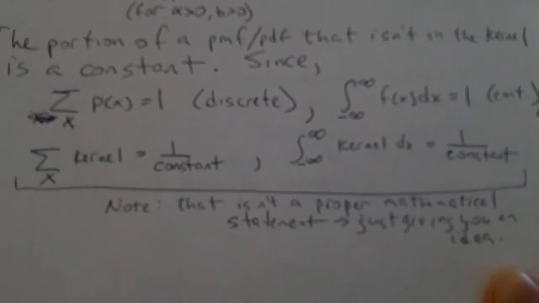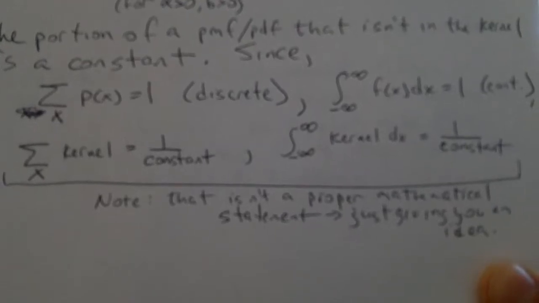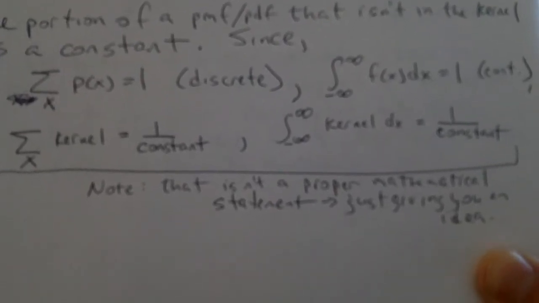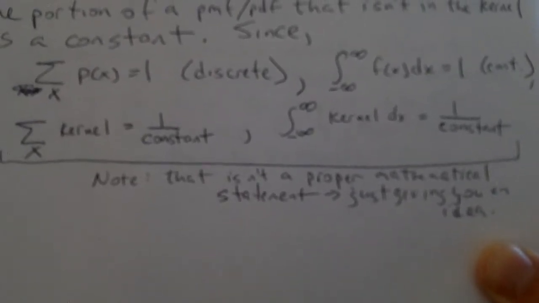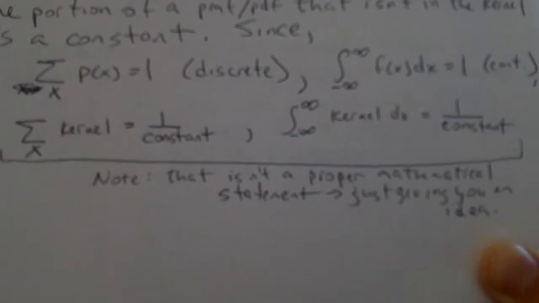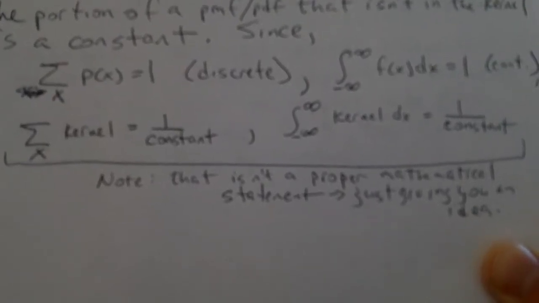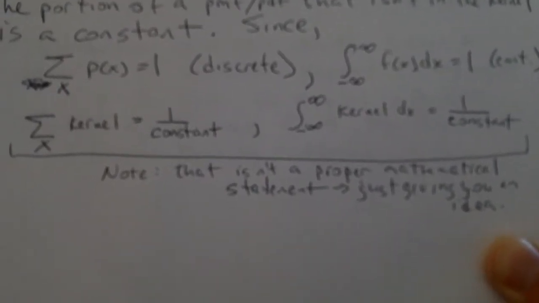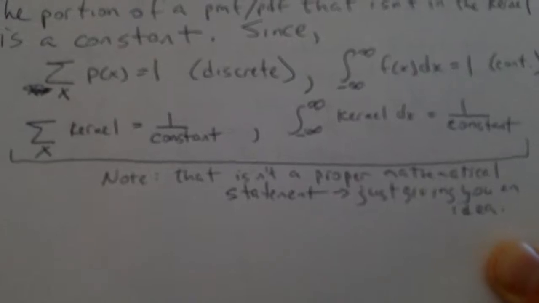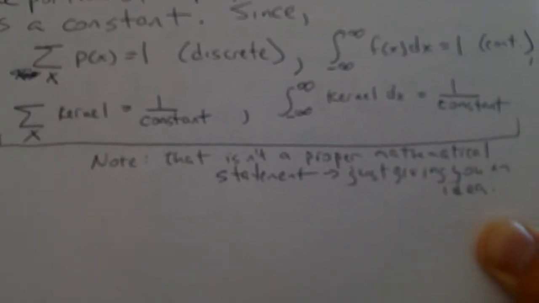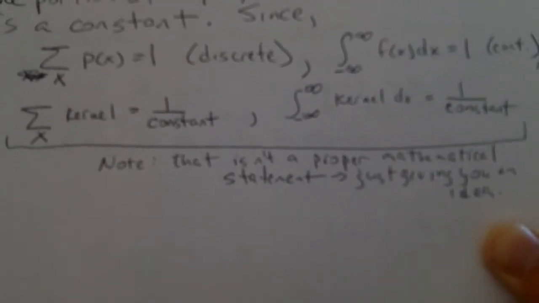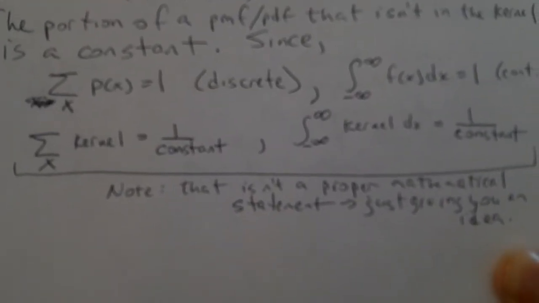So if we were to take either the sum or the integral, depending upon whether we're discrete or continuous, of the corresponding mass or density, of the corresponding random variable, then that summation or that integral is equal to 1 over the appropriate constant. And as I noted here, please note that that's not a correct mathematical statement. I'm just trying to give you an idea of what's going on.